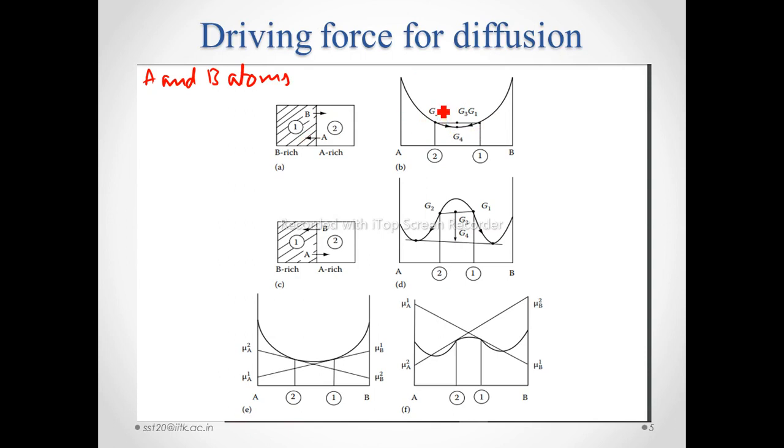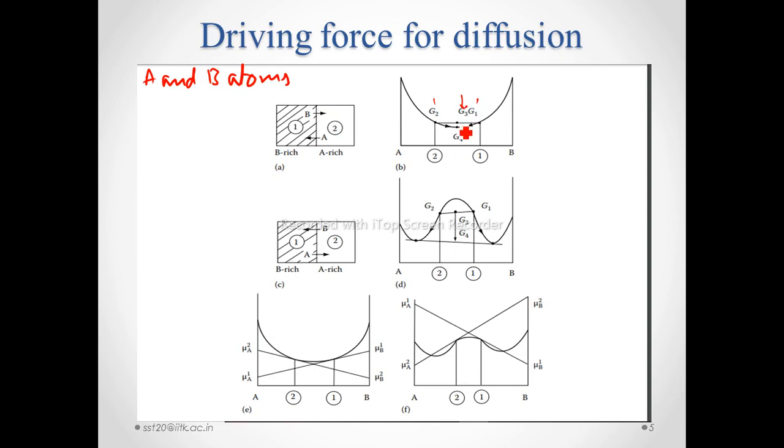This is the Gibbs free energy of 2 and this is the Gibbs free energy of 1, G1 and G2. When we just join them, the average Gibbs free energy becomes G3.